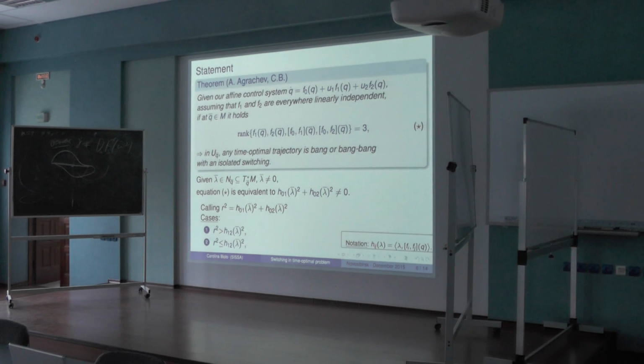But here is a little bit different problem. Here we study not controllability at zero, but we study the time optimal problem. It's not a controllability story. It's perfectly controllable at zero, but we study optimal control.